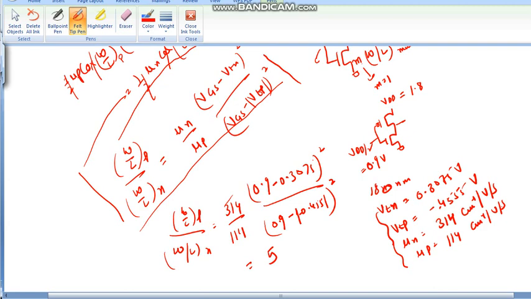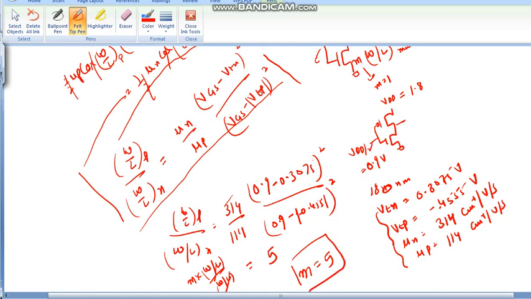If I take W by L as M times W by L minimum divided by W by L minimum for NMOS, then the multiplier M for PMOS is 5.